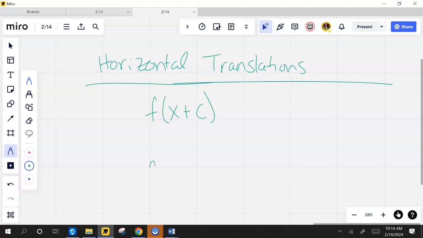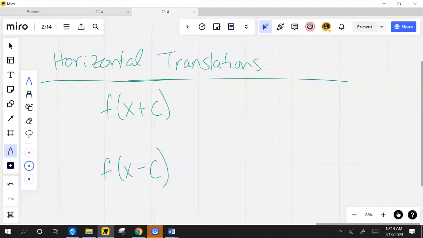Notice how this value is hooked to the x. Okay, that's going to be your key, is that it's hooked to the x. If I'm added to the x, that means that I actually move left. It would seem that you move right because you're adding, but what I actually do is move left. And if I subtract, then that means that I move right.